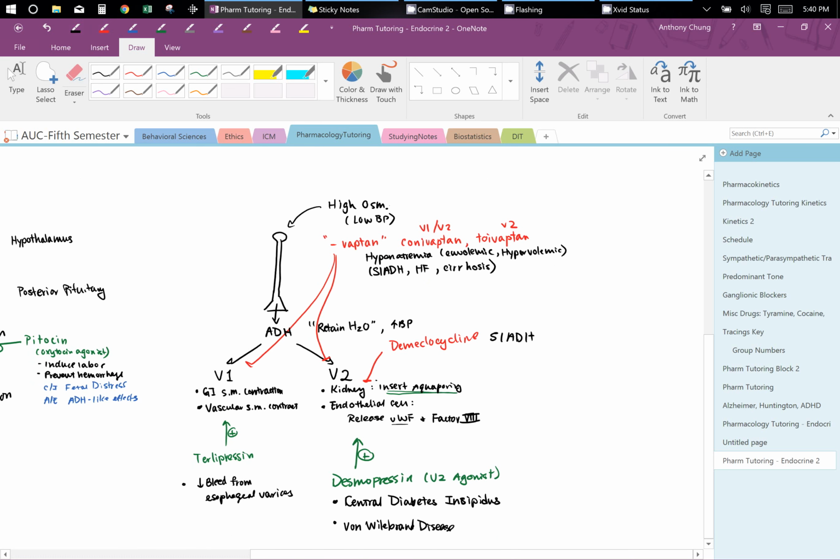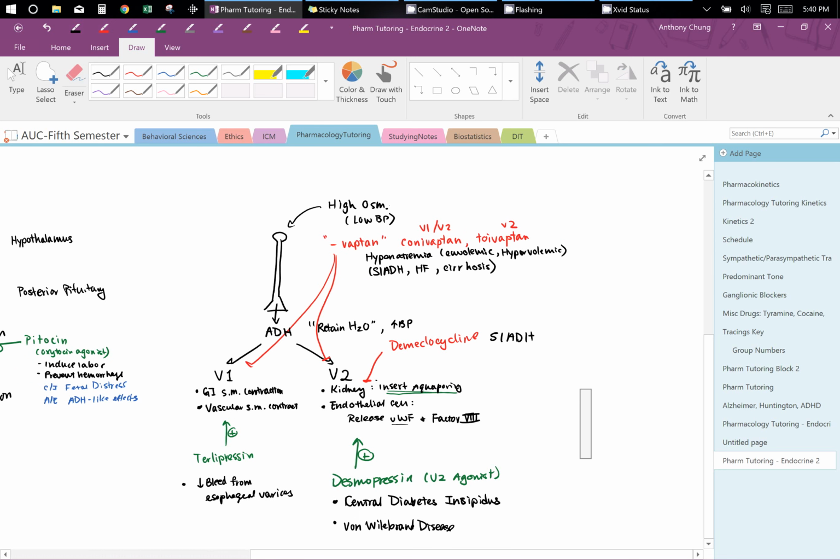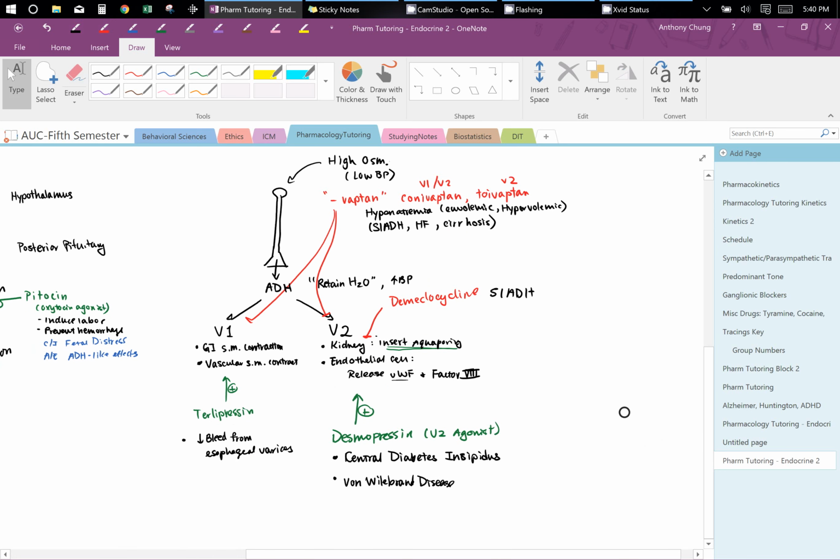Alright, are there any questions with this part? This is also fairly straightforward, and not too many drugs here. I'm going to pause this.